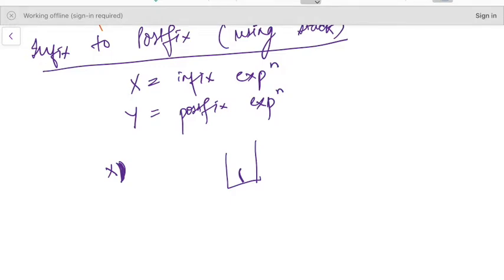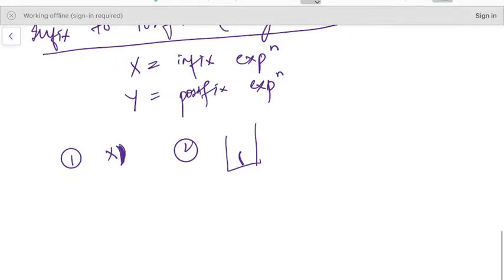So these are two assumptions. We'll see shortly why these assumptions are there in the first place. So this one is the closing brace and this one is the opening brace. You'll get to know why these assumptions are there.